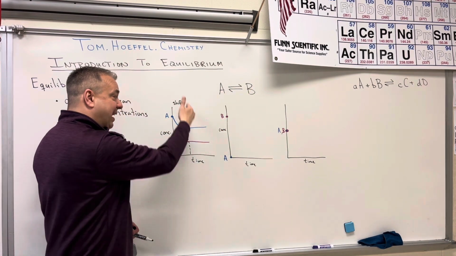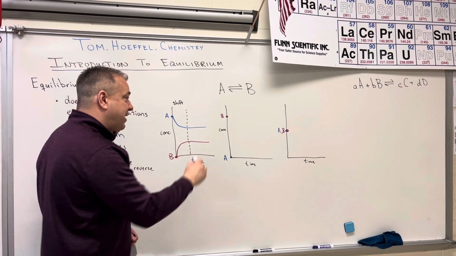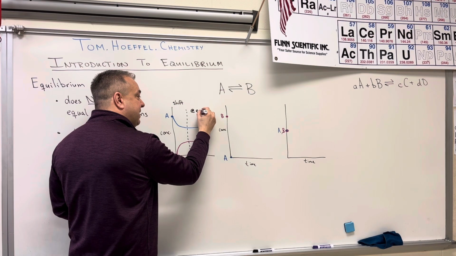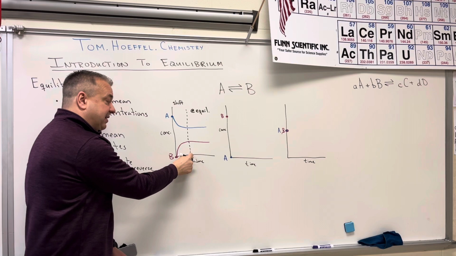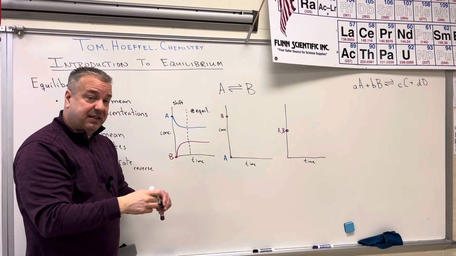And then after a certain amount of time, the concentrations are no longer changing. And that's when we say that this is at equilibrium. So it's not at equilibrium until this time t exists and the concentrations stay the same.